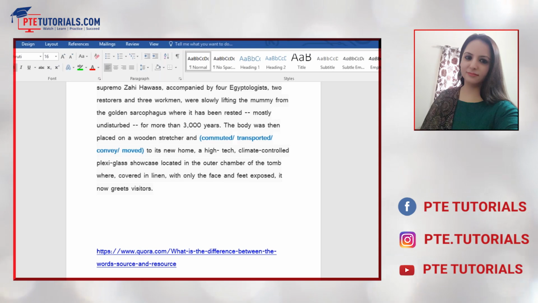Reason. Commuted means, now again you are confused. Let's check the meaning. In Google, just write difference between commute and transport. Commuting means when you are doing it daily in a period, say daily I'm commuting to my office.